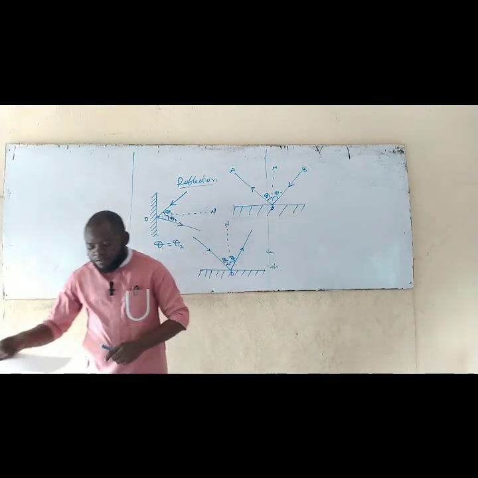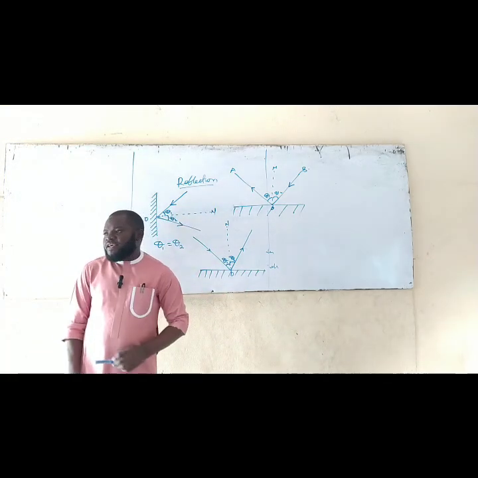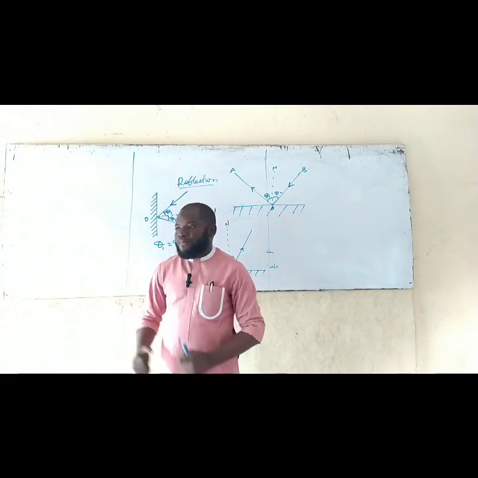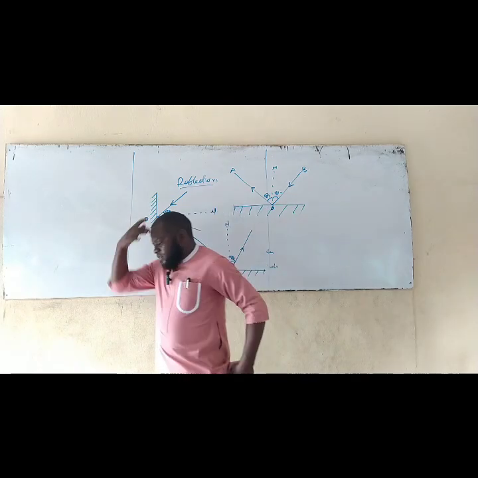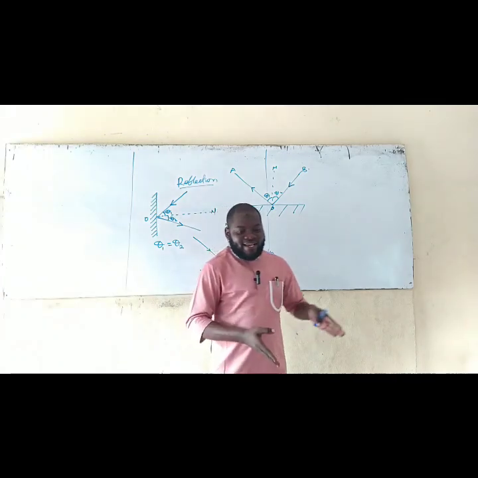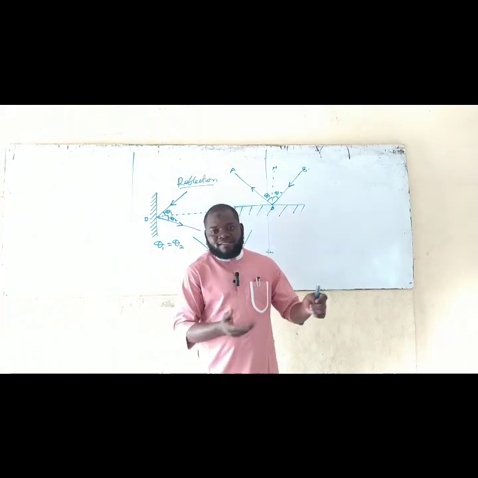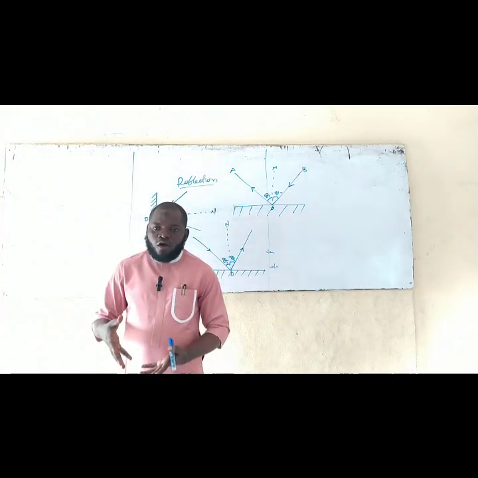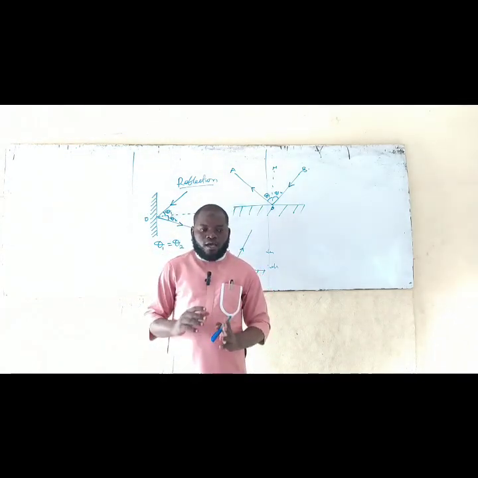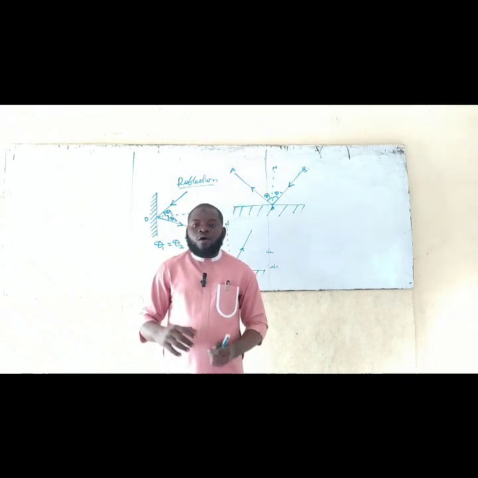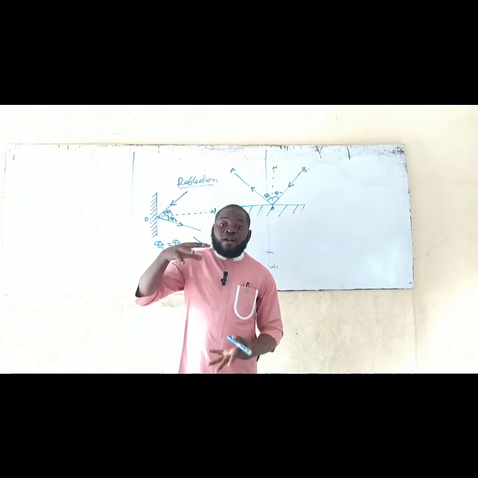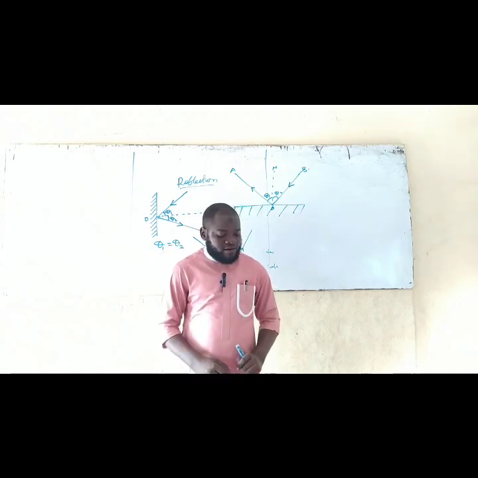Very important. Now, this is very easy now. The question can become something so complex that the examiner will tell you that a ray of light is incident at a certain angle on a corner reflector.